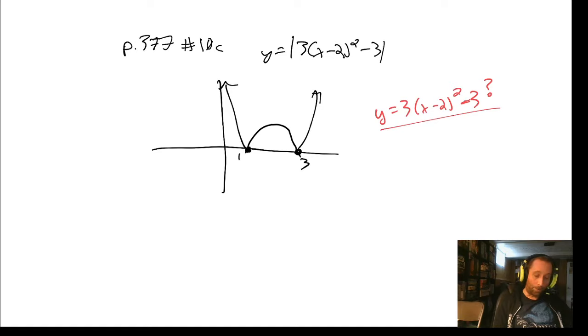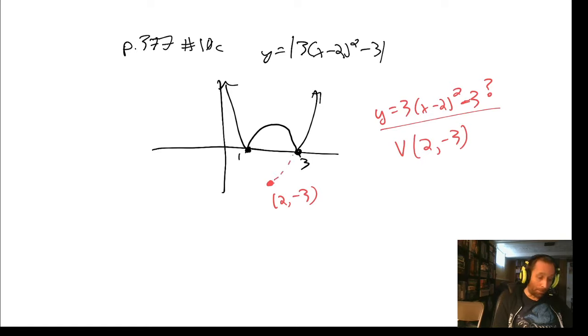Well, observing this, where's the vertex of this graph going to be? This is in vertex form. So if it's in vertex form, it's going to be at (2, -3). So for the original quadratic, before the absolute value sign was applied, it had a vertex at (2, -3).